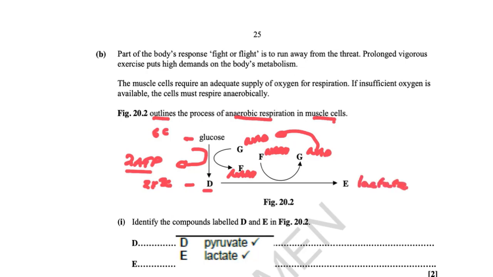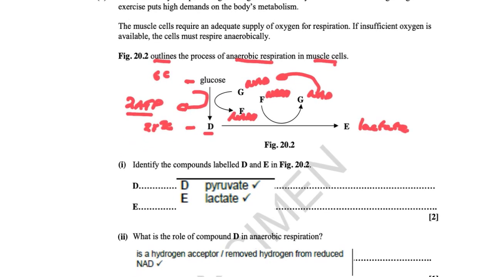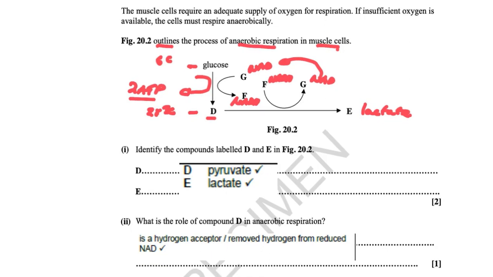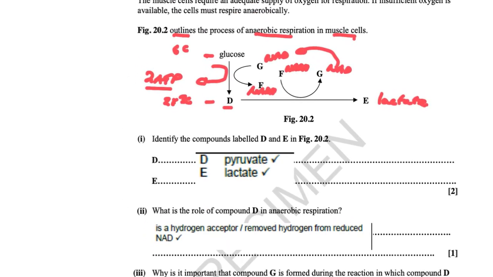So it says identify the compounds labelled D and E. So D is pyruvate and E is lactate. What is the role of compound D in anaerobic respiration? Well, the role of compound D is that it is accepting the hydrogens and electrons from the NADH, and in doing so, becoming reduced to produce the lactate.